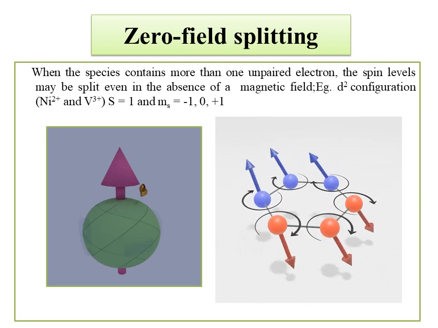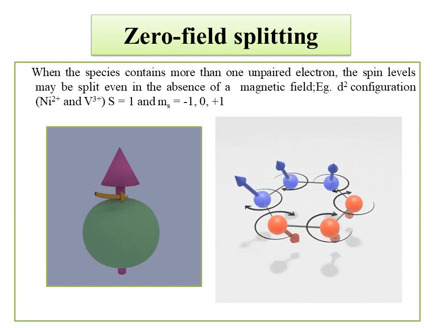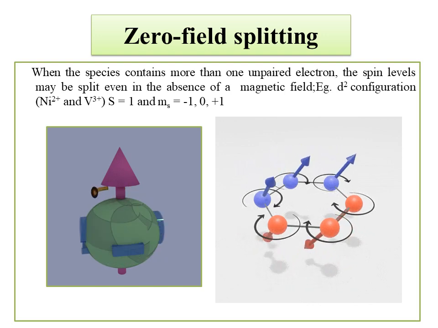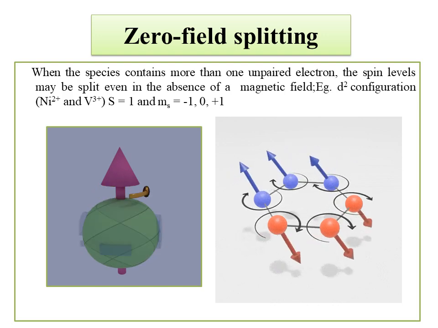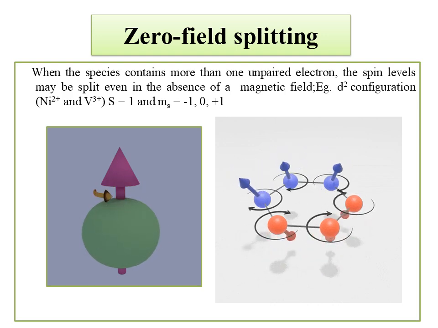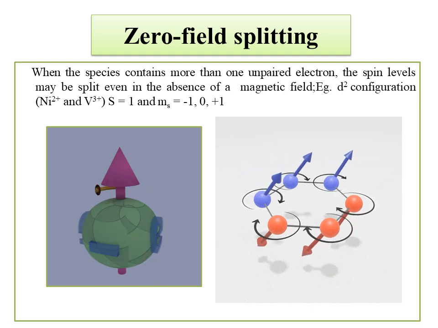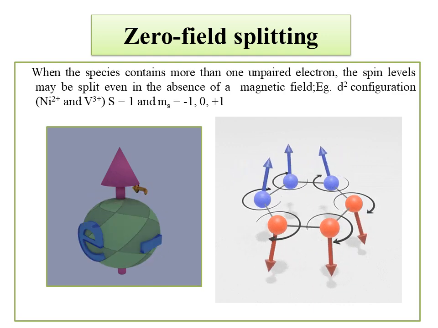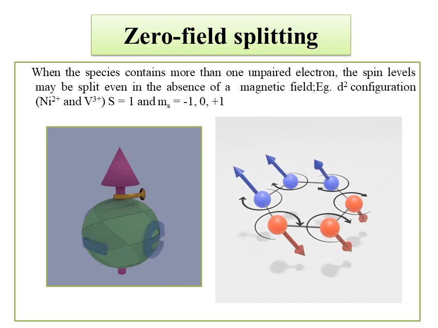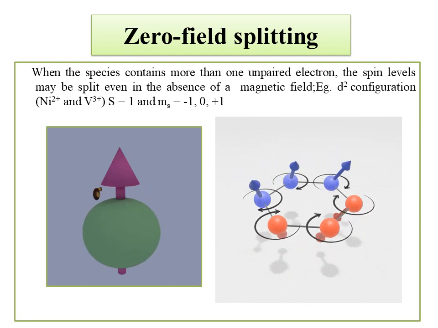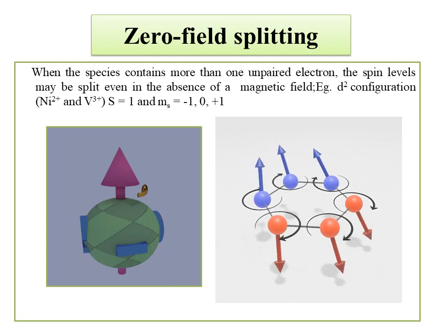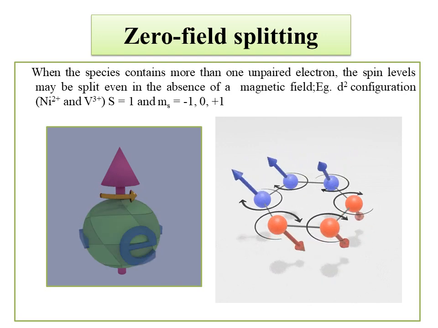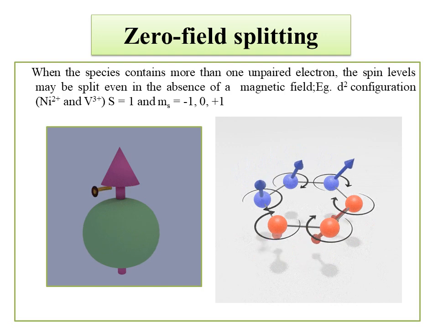That is, when a species contains only one unpaired electron, the spin degeneracy remains until the magnetic field is applied. But when a species contains more than one unpaired electron, the spin levels may split even in the absence of magnetic field. This type of splitting is said to be zero field splitting.